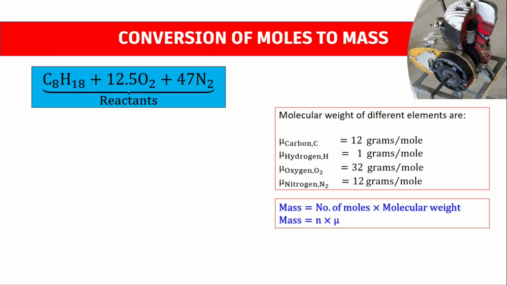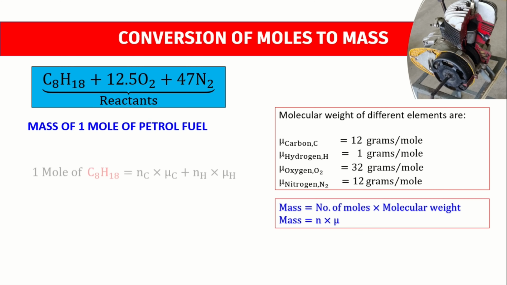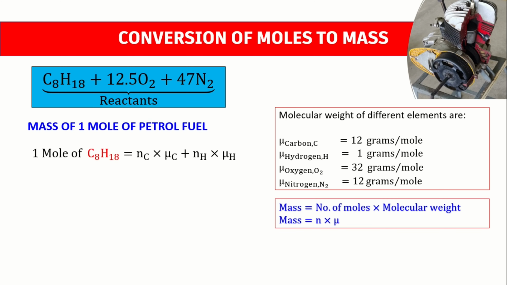So let us now convert the moles to mass. First we will take the fuel, the mass of 1 mole of petrol fuel. 1 mole of C8H18 is equal to number of moles of carbon into molecular weight of carbon plus number of moles of hydrogen into molecular weight of hydrogen.